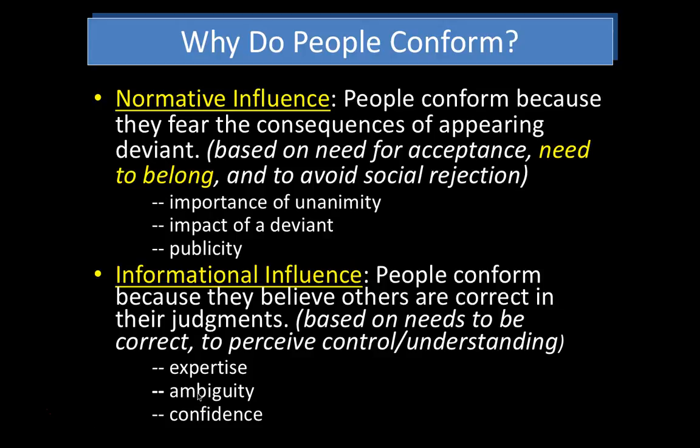The more ambiguous the stimuli are, the more ambiguous the judgment, the much more likely a person is to conform. Unlike Asch's studies, in which it was pretty perceptually clear, the more ambiguous it is, the more readily we conform.